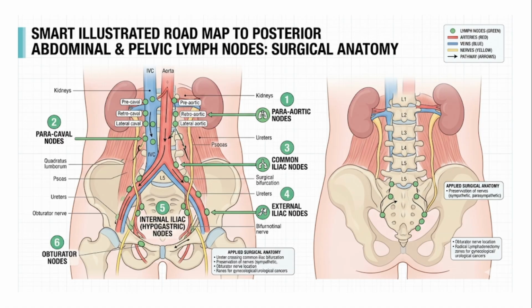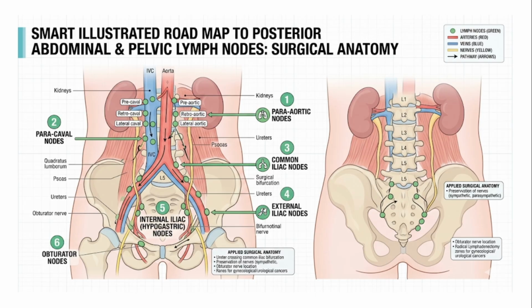Fourth group, the external iliac nodes. Fifth group, the internal iliac or hypogastric nodes. Our applied surgical anatomy here is to preserve the sympathetic and parasympathetic nerves to prevent dysfunction of the urinary bladder and rectum. The sixth group is the obturator nodes.